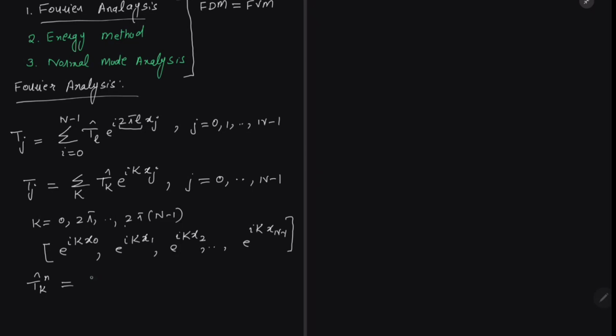Probably you don't understand this now, but when I apply this to a particular problem, then it will be clear. For example, we get g of k, delta x, delta t, and this amplification factor multiplies t hat 0 k.